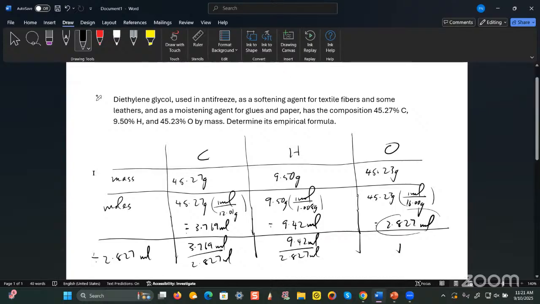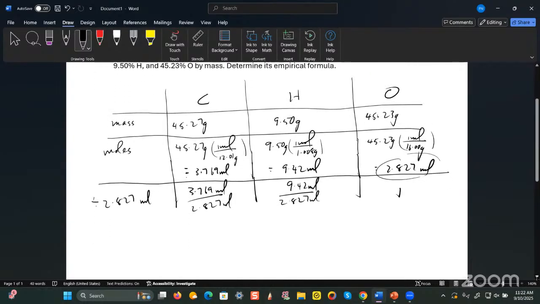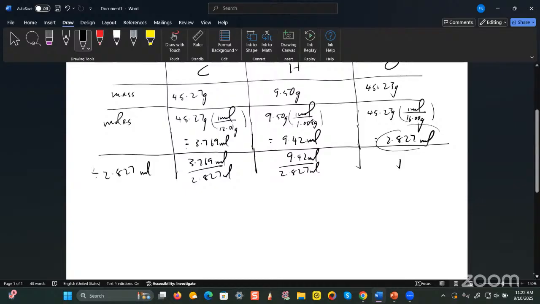So let's see what would be the result of dividing these. So in the case of carbon, that would be 3.769 divided by 2.827. And according to my calculation, I got 1.333.